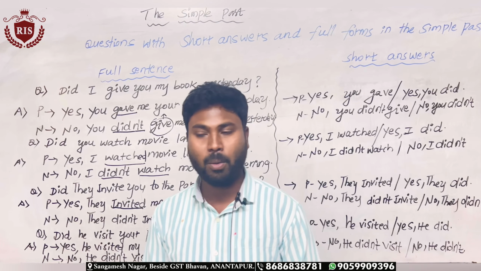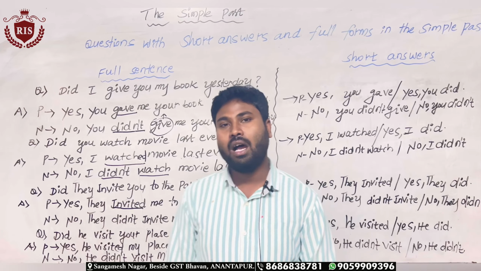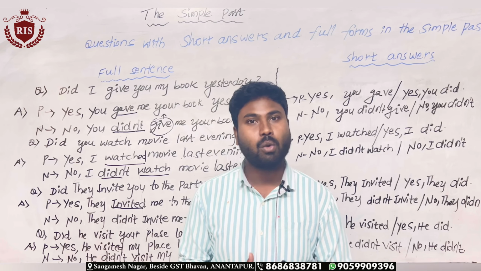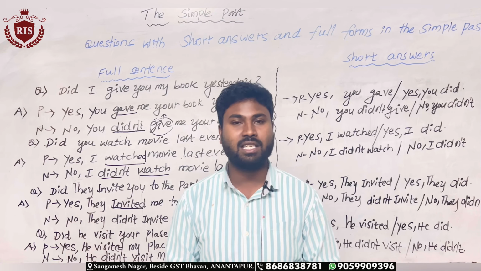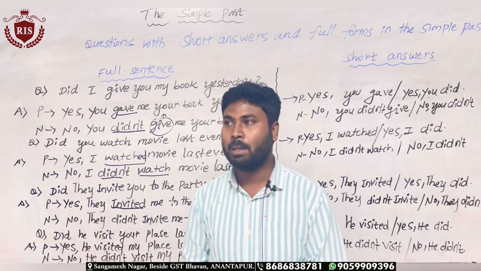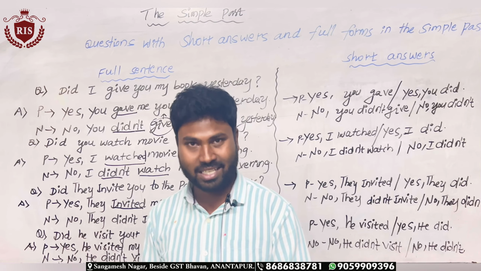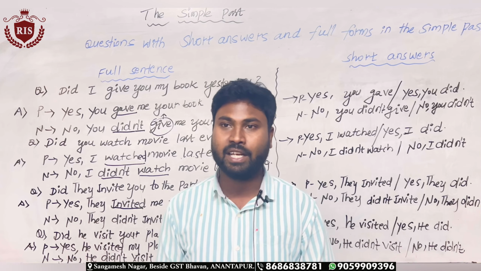Still we have an activity on the simple past, which we are going to have in our next video soon. Until then, I want you to frame as many questions as you can on your own using the formula we have to frame an interrogative sentence, and also answer those questions using the formulas for affirmative and negative sentences.